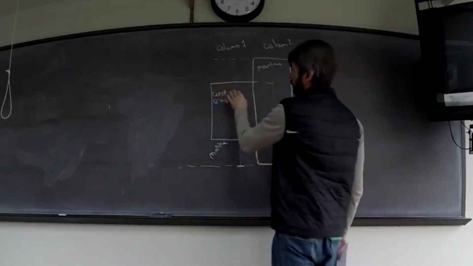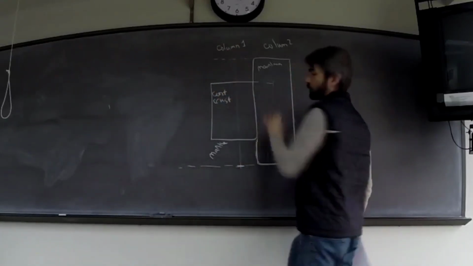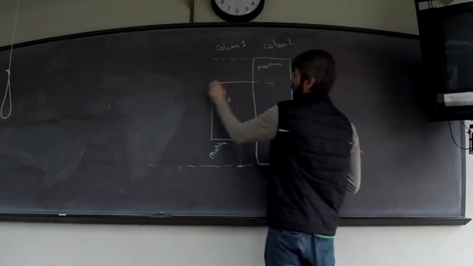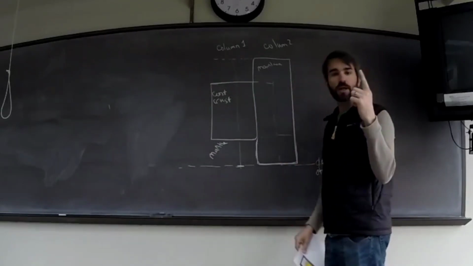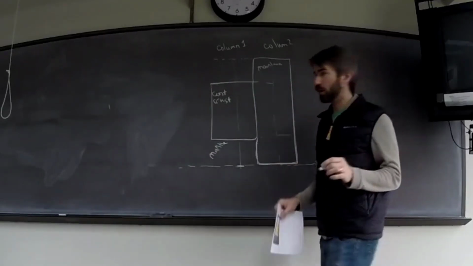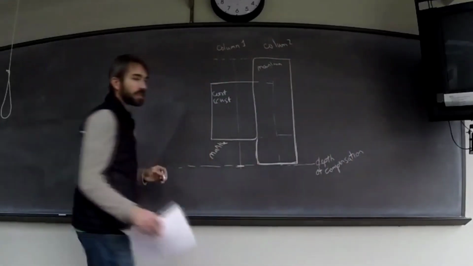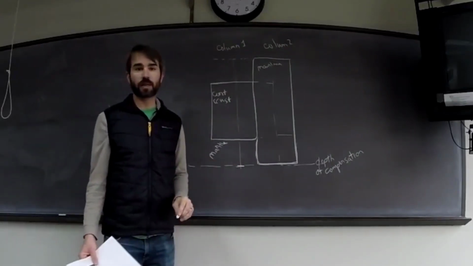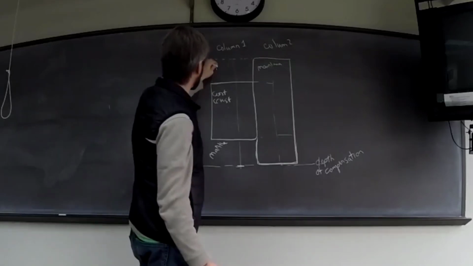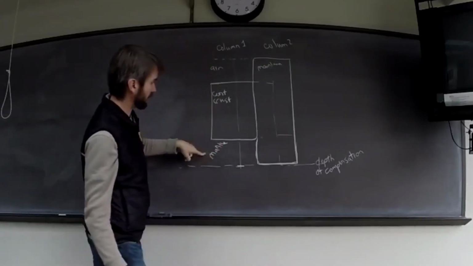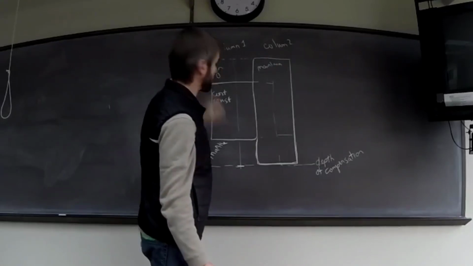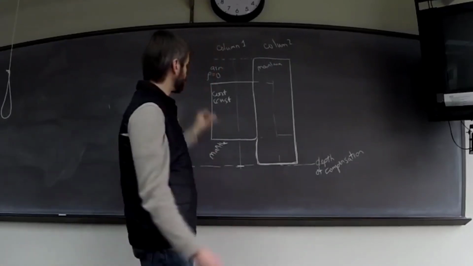So let's assume that column 1 and column 2 have a width and a depth equal to 1, and so we're going to ignore those. And let's then calculate what the weight of this column would be. Okay, so this is air, continental crust, and mantle. We're going to take the density of air as 0, and we're going to ignore air.